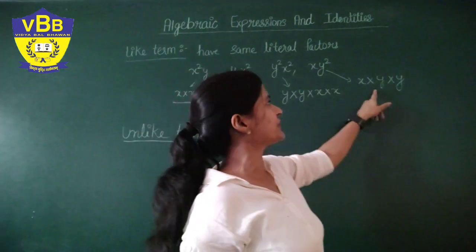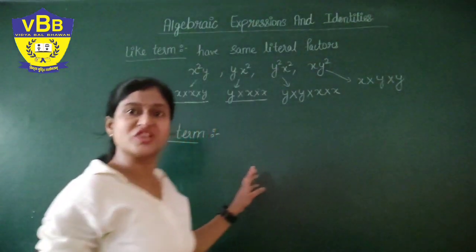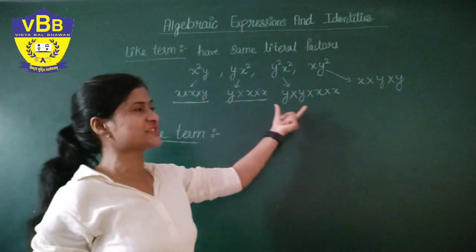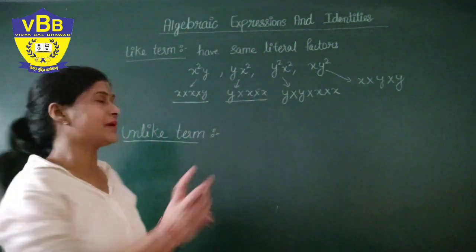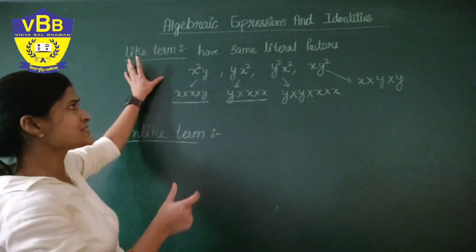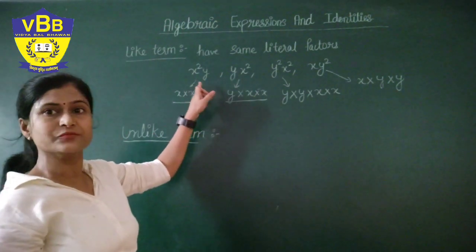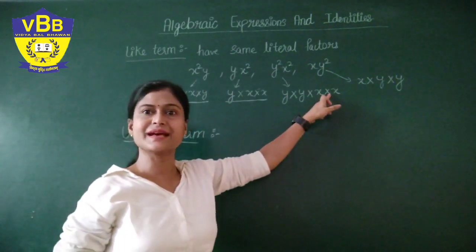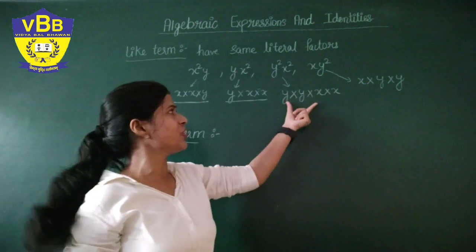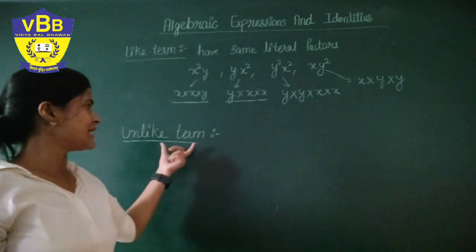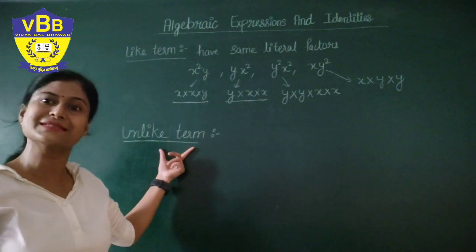So check whether those have the same factors. You will say these two are like terms, and if we compare 1st to 3rd or 1st to 4th, they are considered unlike terms because they do not have the same literal factors. Okay beta, so these are unlike terms, they do not have the same factors.